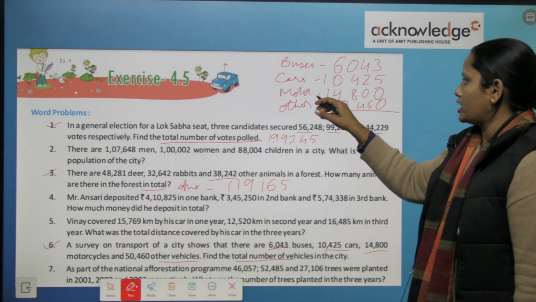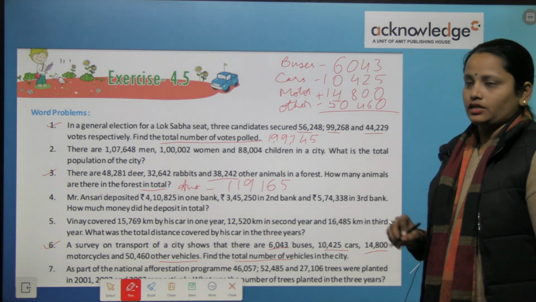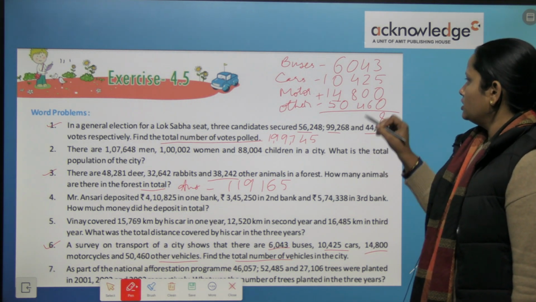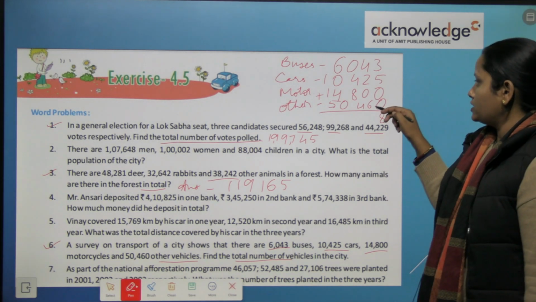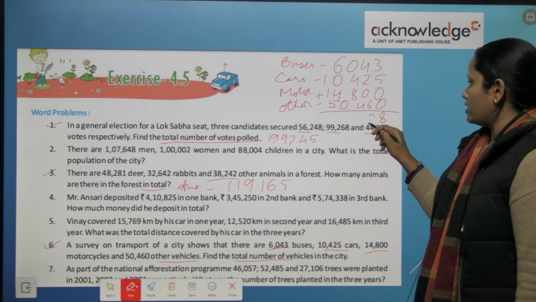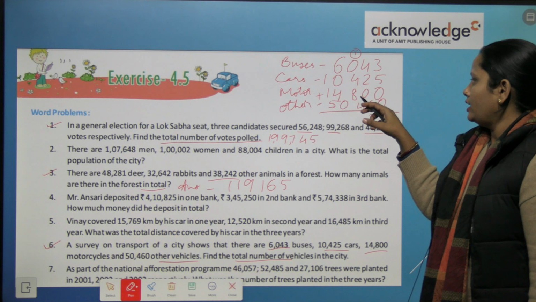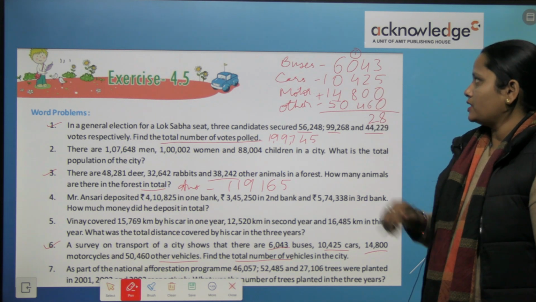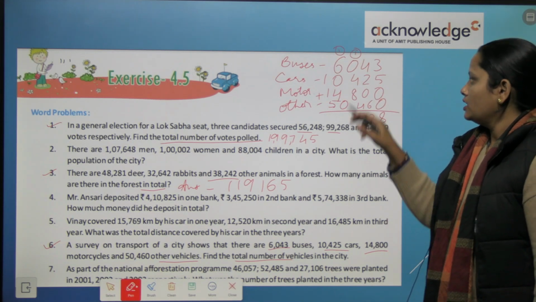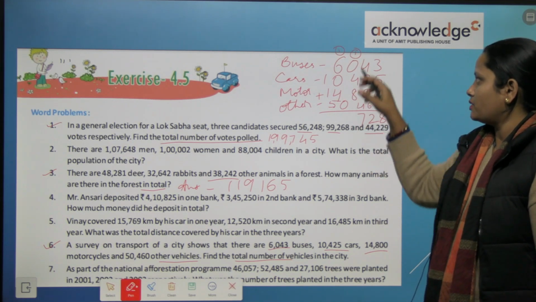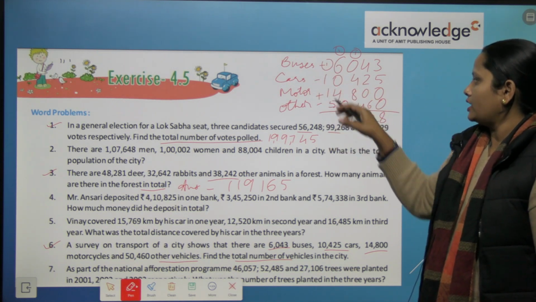So total, for taking out the total, you have to add all these. So 5 plus 2, 8. Next, 4 plus 2. Sorry, 4 plus 6 is 10 and 10 plus 2 is 12. Add. Now, 4 plus 4 is 8 and 8 plus 8 is 16 plus 1, 17. 6 plus 4 is 10, 10 plus 1 is 11. 5, 6, 7, 8.